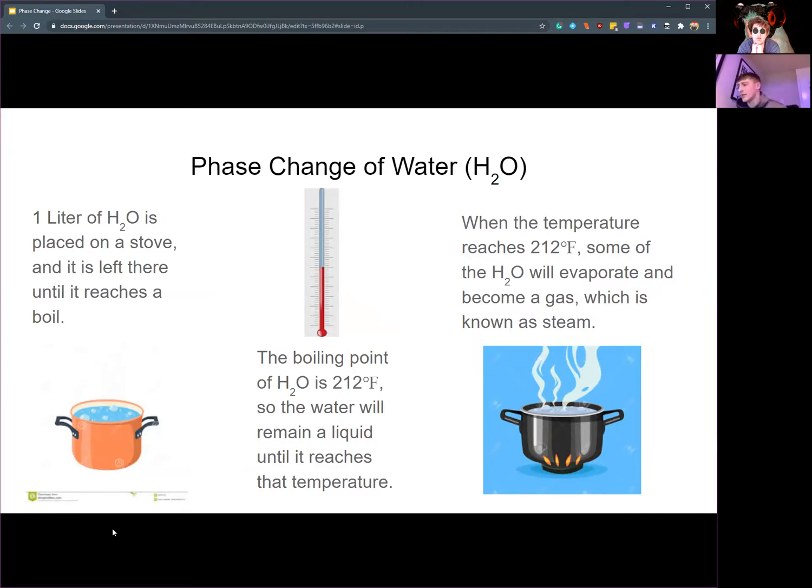Once this happens, the water will evaporate into the atmosphere, becoming a gas and undergoing a phase change. The water will begin to bubble as well, at its boiling point, and this is part of the process of evaporation. And that's the situation for phase change of water.